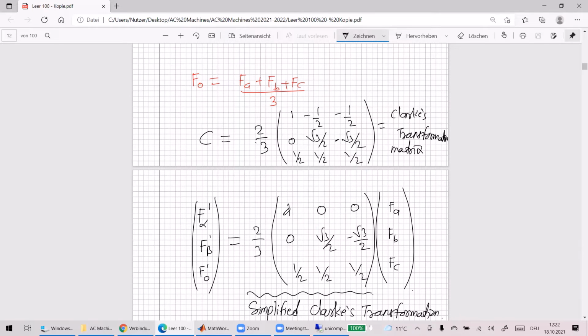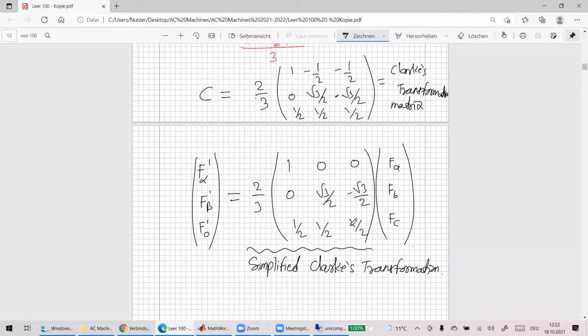Because if you see, the assumption for this is what? The zero sequence component is 0, right? Which can be, which cannot be also. So I would say if you assume the zero sequence is 0, it does not make sense to use this one, right? Because we assume the zero sequence is 0, then it does not make sense to write a formula for 0.